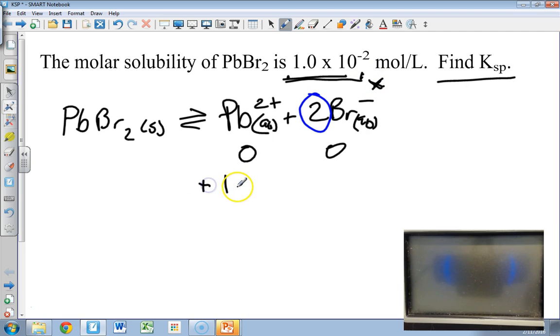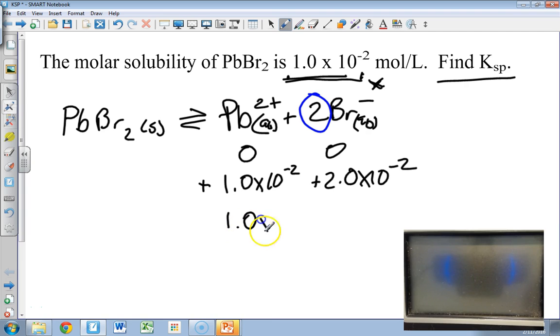So we are going to gain plus 1.0 times 10 to the minus 2 molar lead. And now keep in mind that we're getting 2 bromides, so this is double that, 2.0 times 10 to the minus 2. So now at equilibrium, there's 1.0 times 10 to the minus 2, and this is 2.0 times 10 to the minus 2.